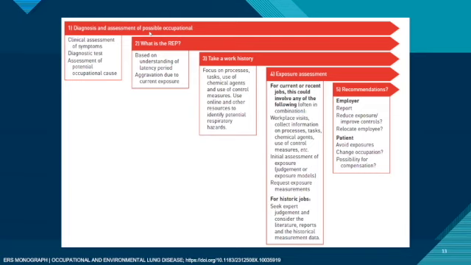And this is based on the understanding of the latency, and I'll allude to that a little bit more under the specific conditions. You obviously want to take a good work history, look at the exposure assessment, and as I mentioned before, current or recent jobs, and also historic jobs. And lastly, you should always look to make recommendations both to the employer and to the patient in terms of how this aggravation can be reduced or how it can be prevented.